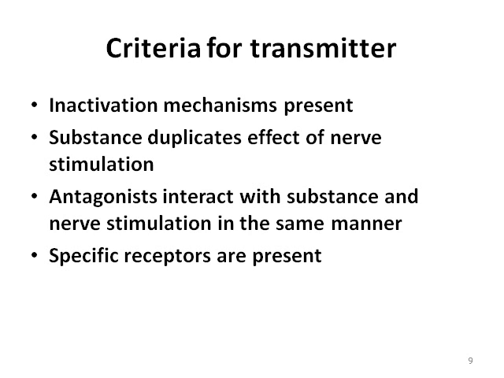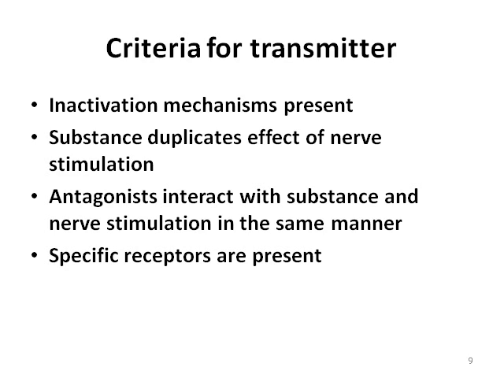These criteria continue on the next slide, 55, where we have some sort of mechanism for inactivating it. This may sometimes be an enzyme, or a transport process or a reuptake process. Another important thing is that when we apply the substance to a tissue, it has the same effect as if we stimulate the nerve. And if we have substances antagonizing it, the antagonist would interact with the substance and nerve stimulation in the same manner.